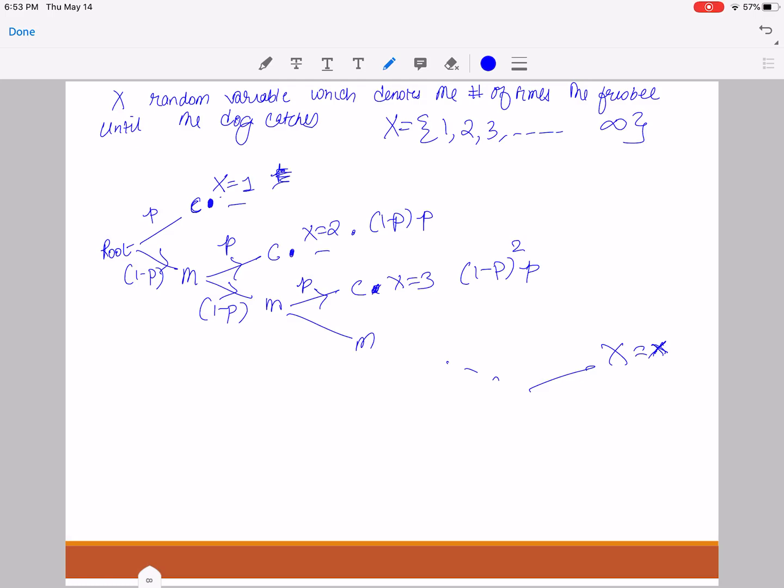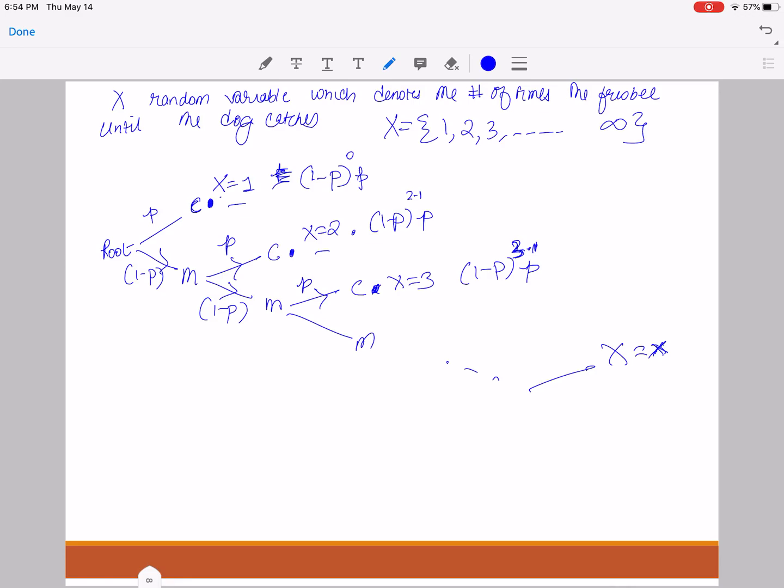If x is equal to 1, I can write the probability as 1 minus p to the 0 times p, because 1 minus p to the 0 is equal to 1. The probability that x is equal to 2 is 1 minus p times p. I can also write it as 1 minus p to the 2 minus 1 times p. The probability that x is equal to 3 is 1 minus p squared times p. I can also write it as 1 minus p to the 3 minus 1 times p.